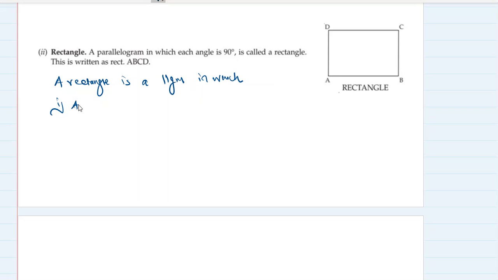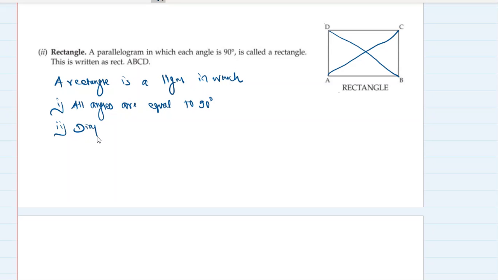Number one, all angles are equal to 90 degrees. That's one special property of a rectangle which is not there in a parallelogram. And the other property is related to the diagonals actually.